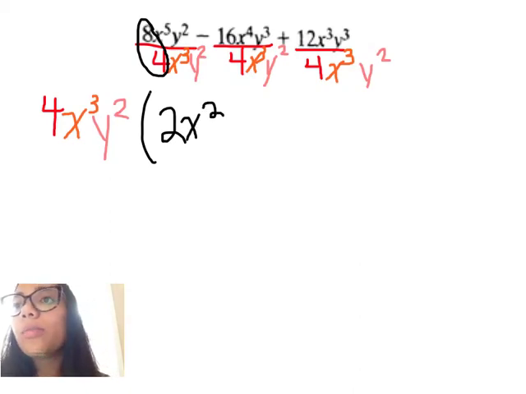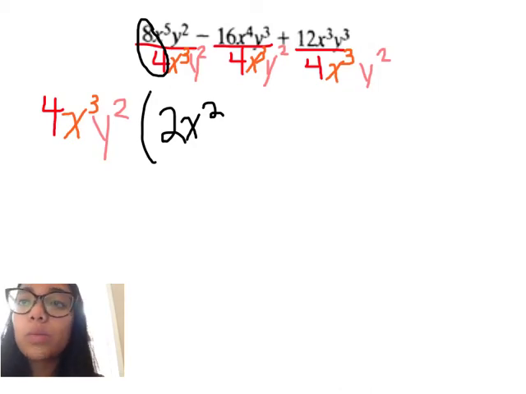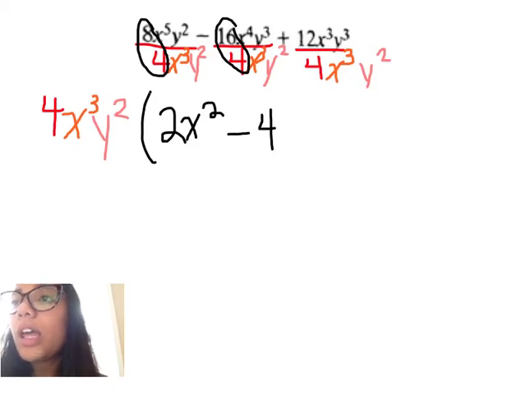Y squared divided by y squared is 2 minus 2 is 0, so I don't even need to put that because y to the 0th power will go away. It's 1. Minus 16 divided by 4 is 4. X to the 4th divided by x cubed, 4 minus 3, is just x. Y cubed divided by y squared is y.